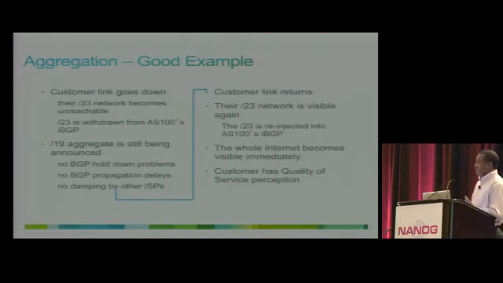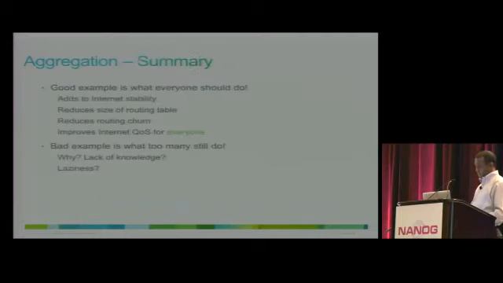So it's good for the customer, it's good for the rest of the internet. So the good example is what everyone should do, but for different reasons, that doesn't happen.